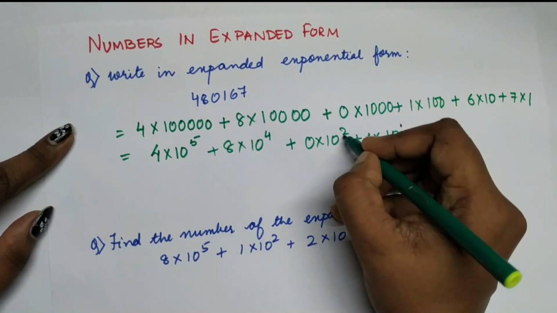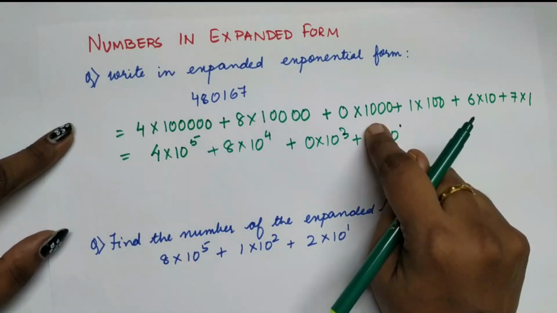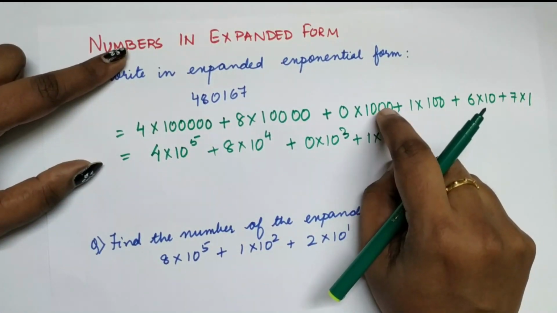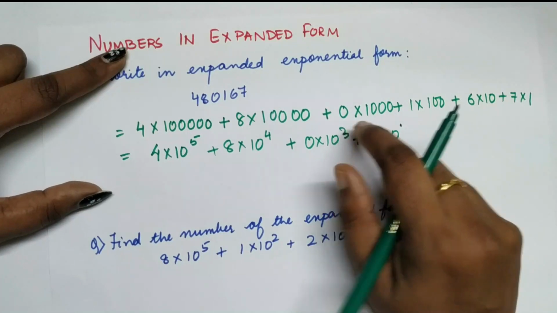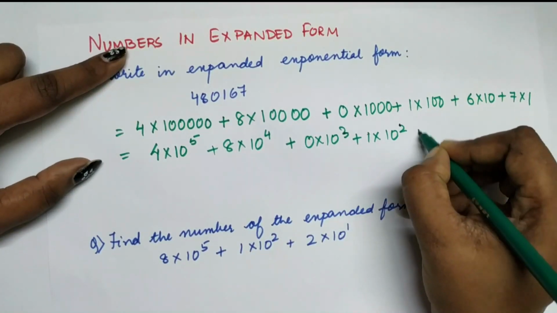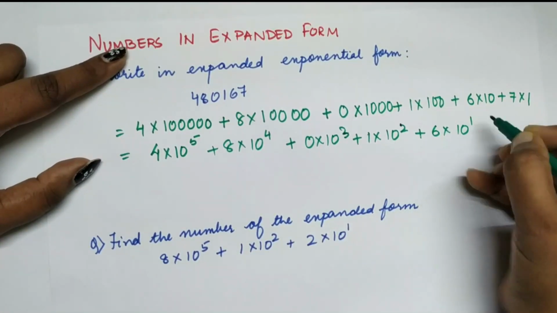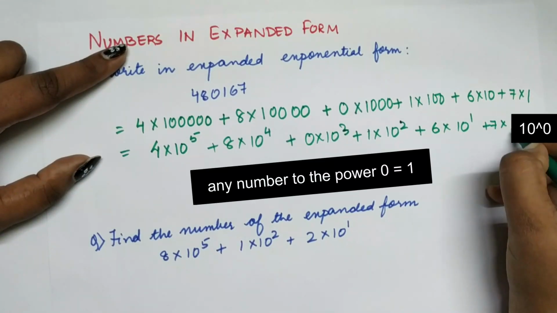Here it is 3 zeros. So here it is 0 into 1, 2, 3 zeros, so 10 to the power 3. And 1 into 10 to the power 2 plus 6 into 10 to the power 1 plus 7.